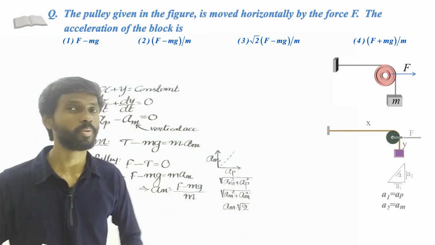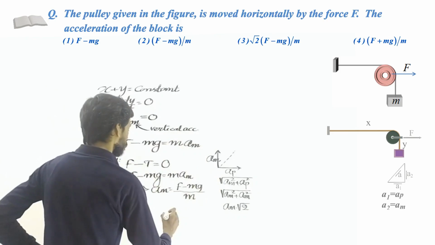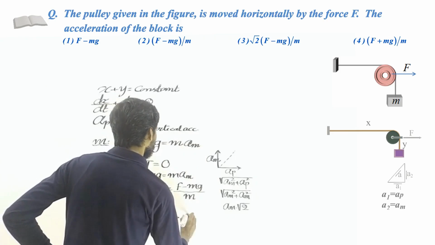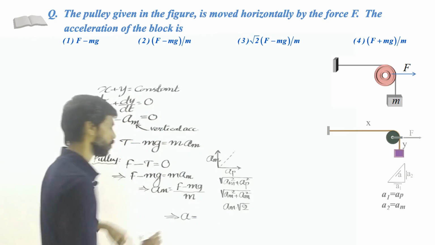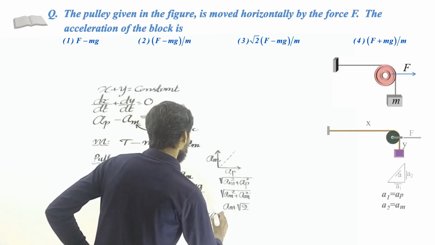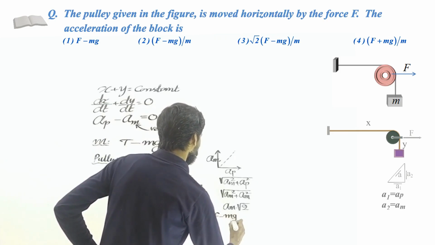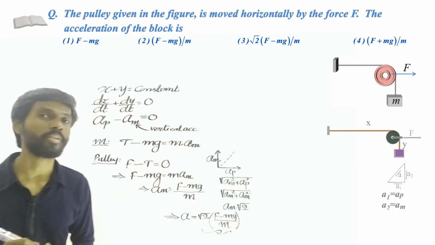Am multiplied by root 2 is the acceleration of the required block. So our required acceleration equals root 2 multiplied by am, and am is simply F minus mg divided by m. So this is the total acceleration. Do you understand?